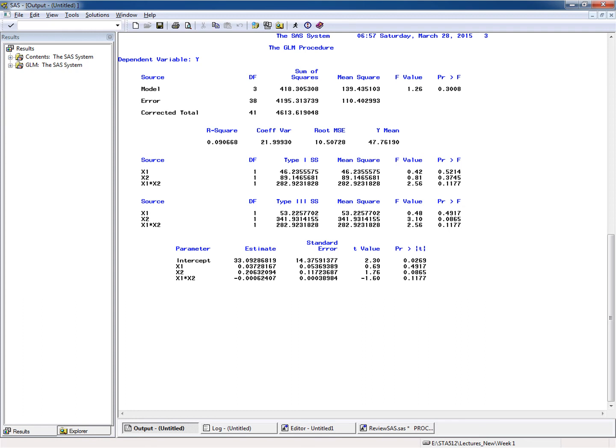In fact, it looks like there's a lot of non-significance going on, right? Even our overall F-test is non-significant. So realistically, what we're being told by the overall F-test is there's nothing going on in this data set. None of the variables in our model contribute significantly to y, and we should just walk away from this example. So that is what we're being told.